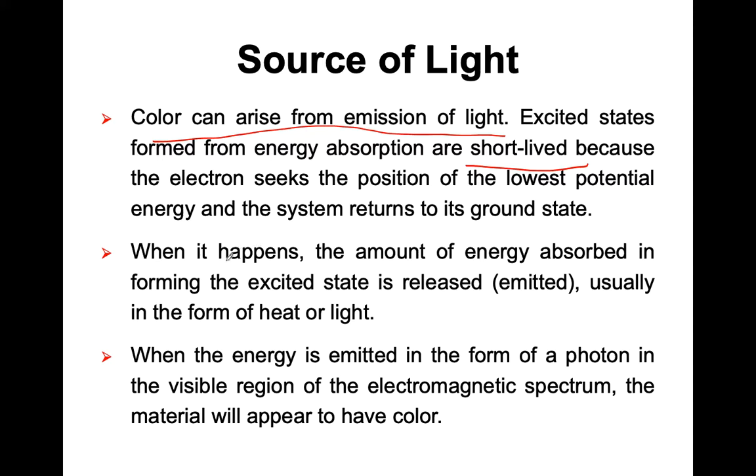When this event happens, the amount of energy absorbed in forming the excited states will be released, in the form of either heat or light. When the energy is emitted in the form of a photon in the visible region of the electromagnetic spectrum, the material will appear to have color.